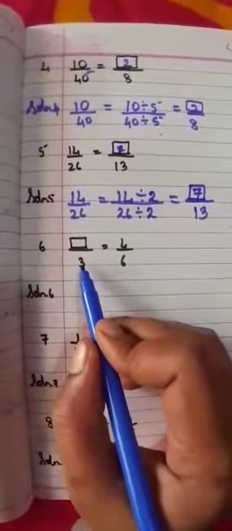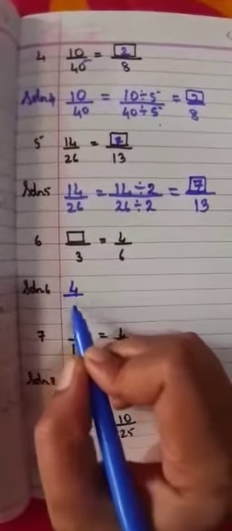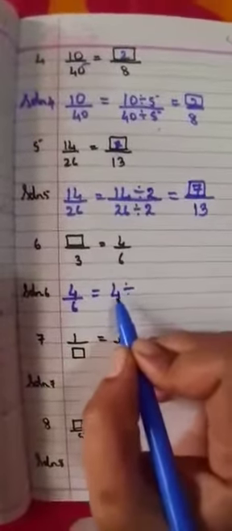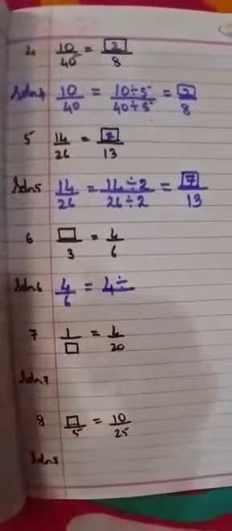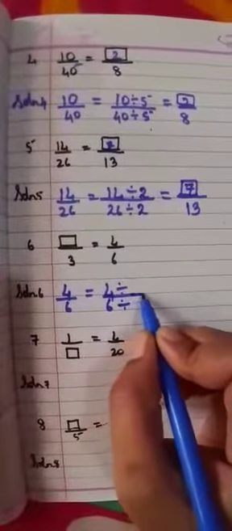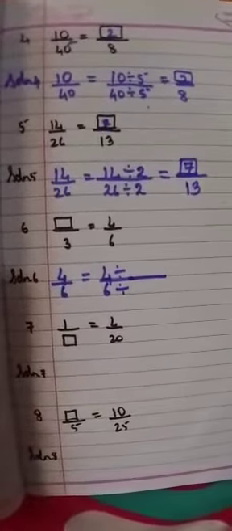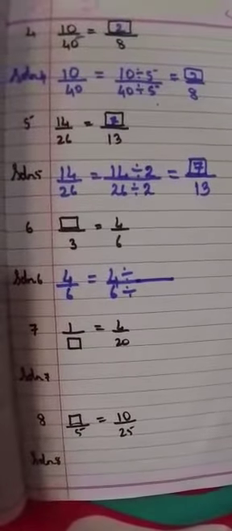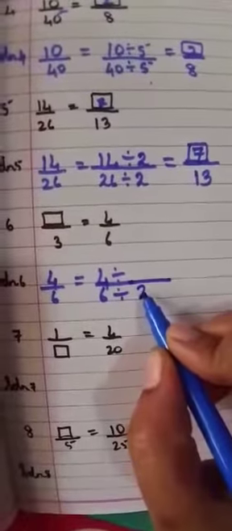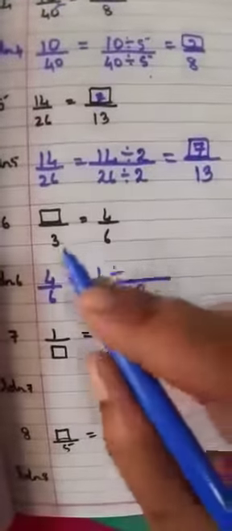Now we will move on to sixth sum. So again here the smaller number, here the bigger number. So again what we have to do is same thing, we have to do the division. So we have to divide 6 by such a number that we get the answer 3. So we will take here as 2. Why? Because when we divide 6 by 2, we get the answer 3.